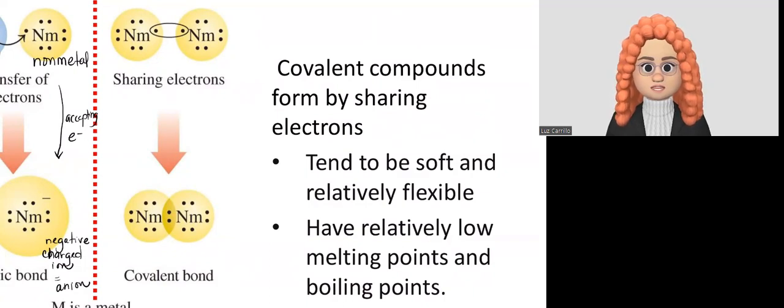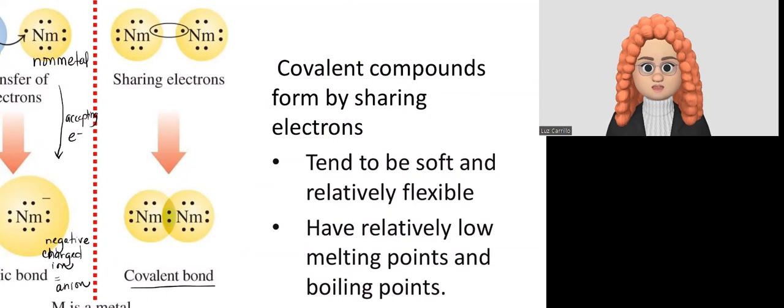This sharing of electrons permits these atoms to now have a physical link between the two, which is what we call a covalent bond. If I try to illustrate what a covalent bond looks like, it's going to be these two electrons that are shared between the two nonmetals.